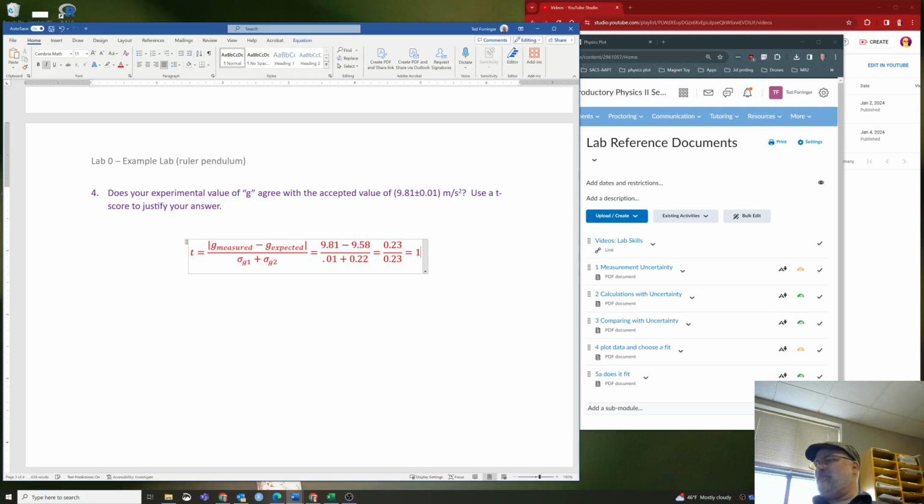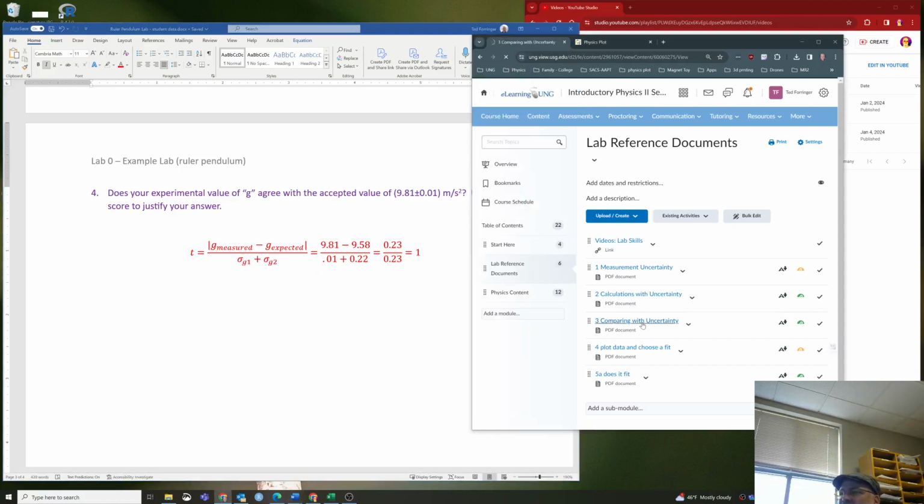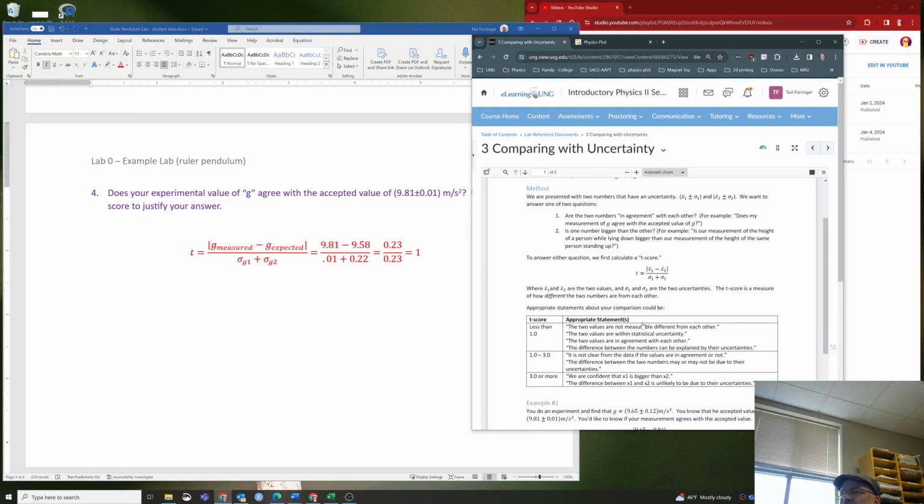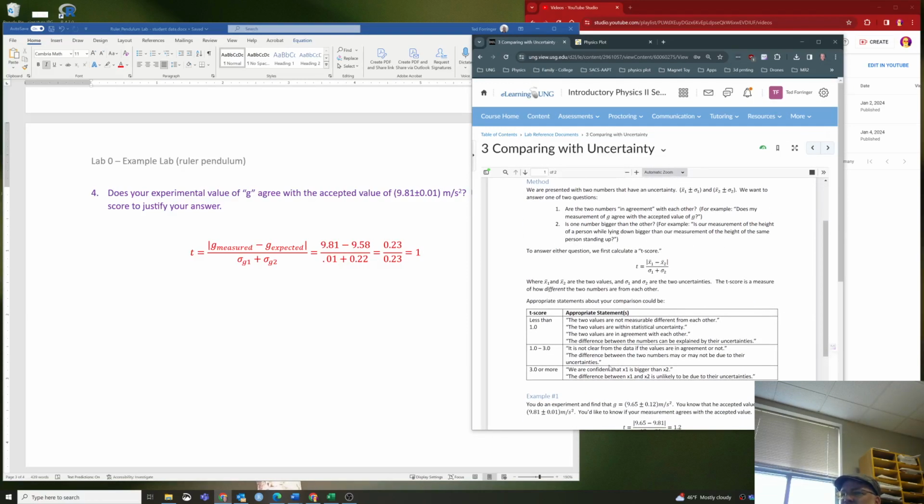Okay, and again, comparing with uncertainty, if you go to this reference document, it will tell you how to interpret different t-scores. If it's less than 1, if it's between 1 and 3, or if it's more than 3. This one's funny, it's exactly 1, so which one does it fall into?